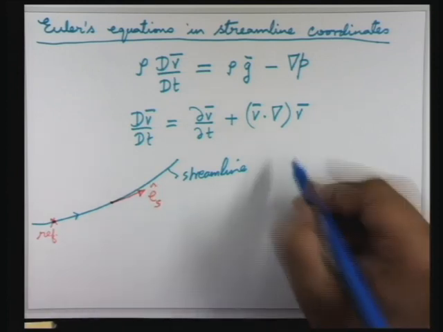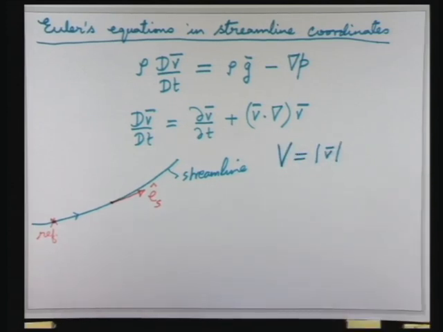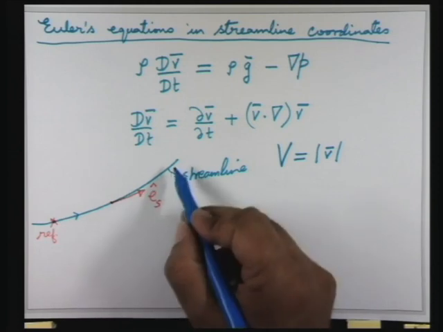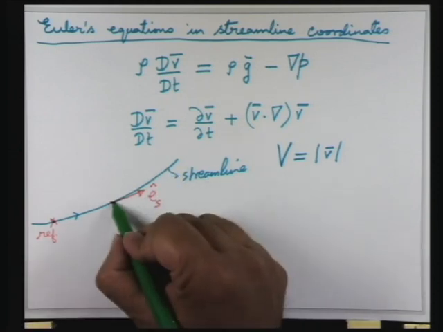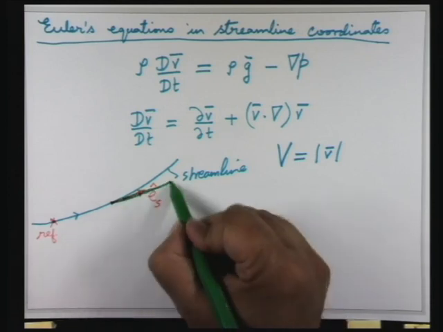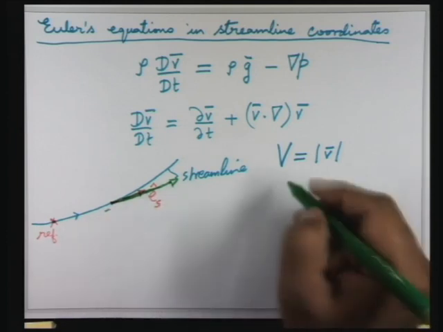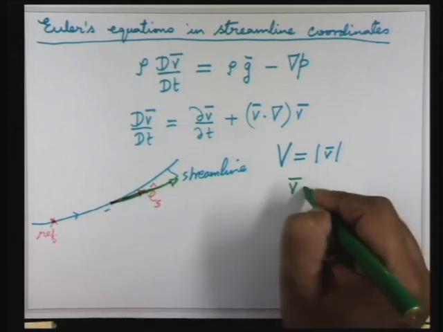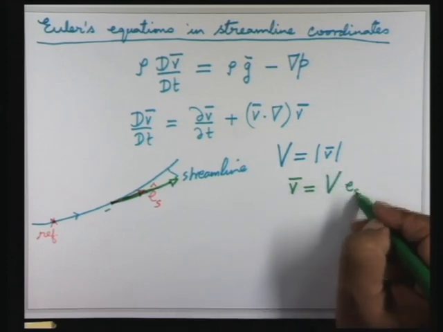Now, if I say capital V is the magnitude of the velocity, since this is a streamline, the velocity vector here is going to be tangent to the curve, and it will be a vector in the same direction, and the length of this vector, if this is 1, this will be V. So, you can say that the vector V is the magnitude V into Es.